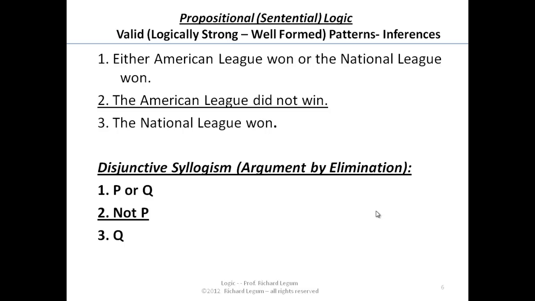And in the second, I'm going to try to introduce a new concept, that of a truth table, to try to explain in general how our patterns of argument, our good inferences, our logically strong, or what Feldman calls our well-formed patterns are, and how they work. So we'll be looking at truth tables in a second to try to give us some more insight into these valid forms of inference.